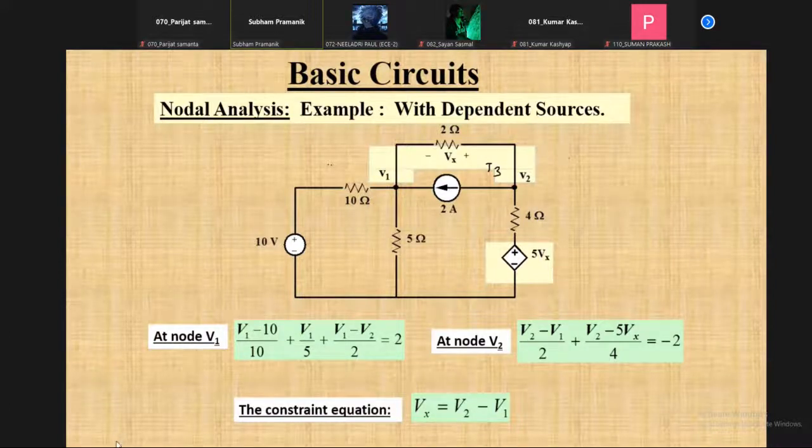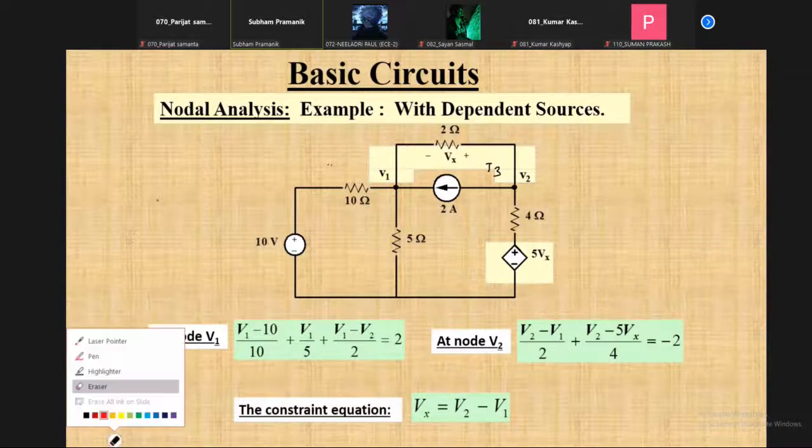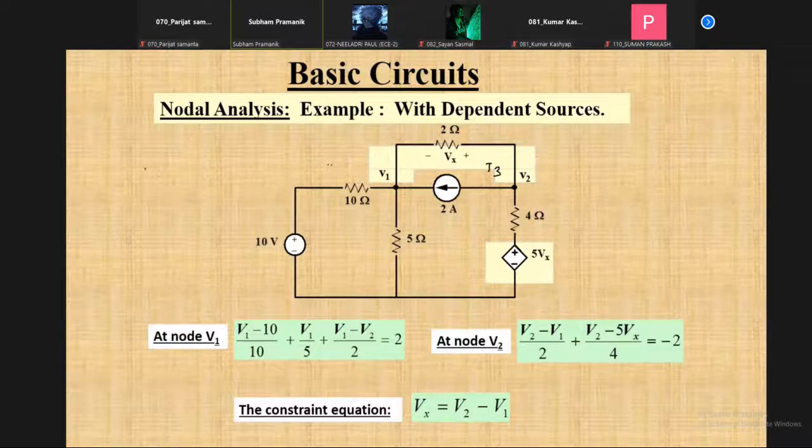Just like the super mesh, if you have a current source between two meshes, then how do we represent this? Suppose this is a 3 ampere source in between two meshes. If you choose the currents as I1 and I2, then this is a constraint equation, I1 minus I2 is 3 ampere.